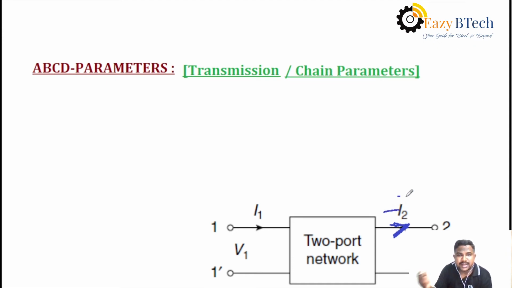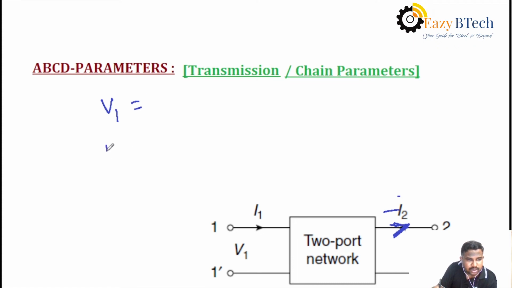Why? Because in a transmission line we have two ends, the sending end and the receiving end. That's why the current flows from sending to receiving. That's why in ABCD parameters the second port current is taken in the reverse direction.